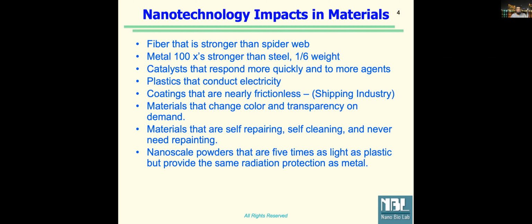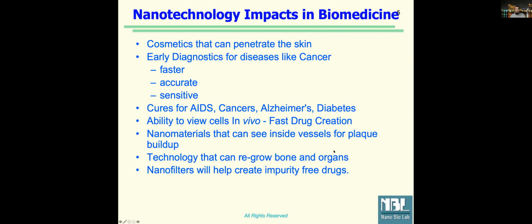We're looking for materials that can adjust to their surroundings, materials that can repair themselves, that can clean themselves. Look at some examples today. Powders 5 times as light as plastic, but giving good protection like metals. These are just a few things that have already happened or are in testing phases.